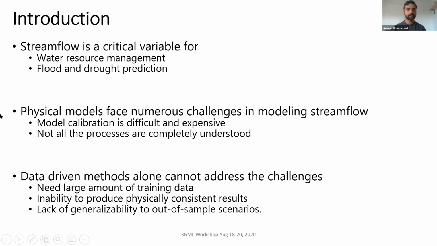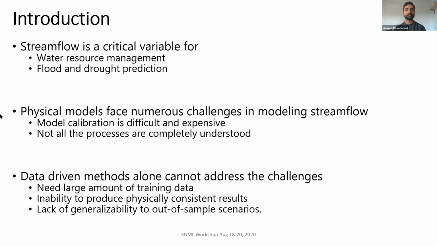Similarly, using data alone might not solve our problem because it would require a large amount of data to capture the complex relationships between our weather inputs and our output variable, which is streamflow in this case. And even if we have a lot of data, we might not get physically consistent results, which is also important in our application.